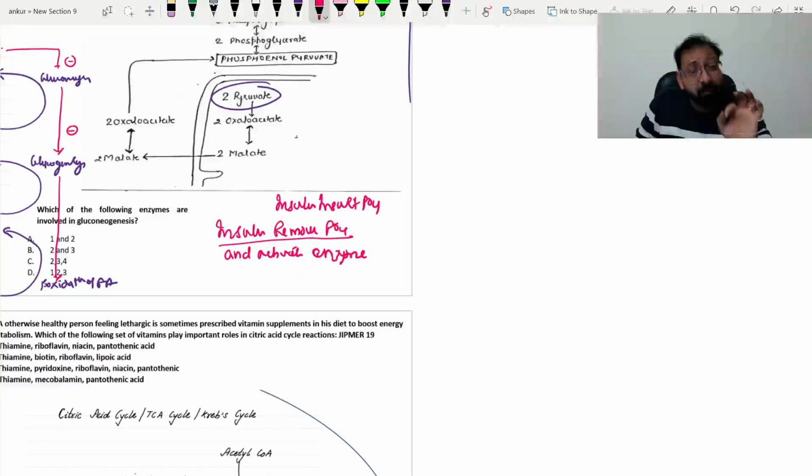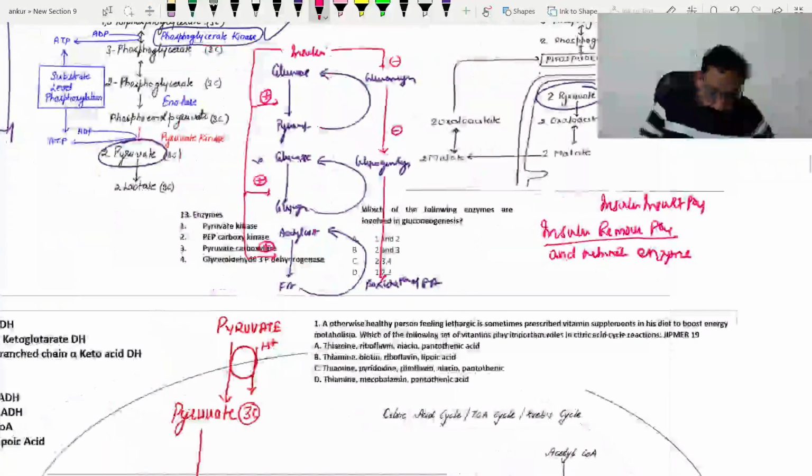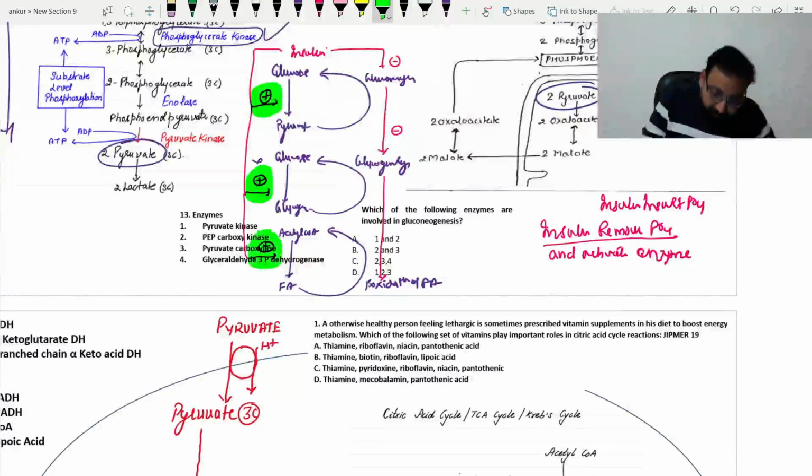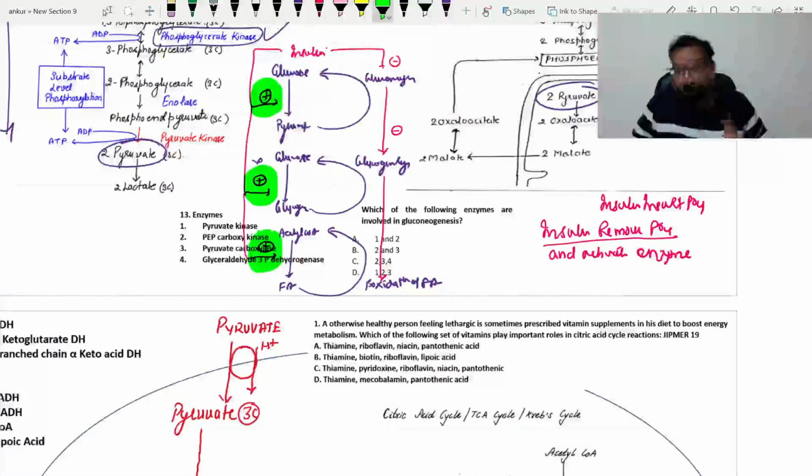So any enzymes activated by insulin are active in the dephosphorylated state. Enzymes of these three pathways are active in the dephosphorylated state, because these pathway enzymes are activated by insulin. Insulin removes phosphate, so all these three pathway enzymes are activated by insulin and active in the dephosphorylated state.